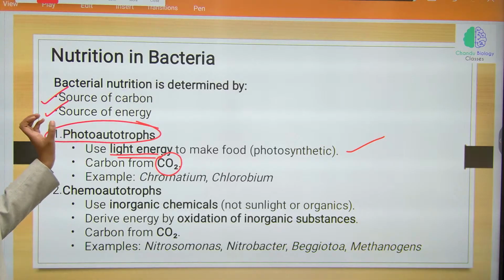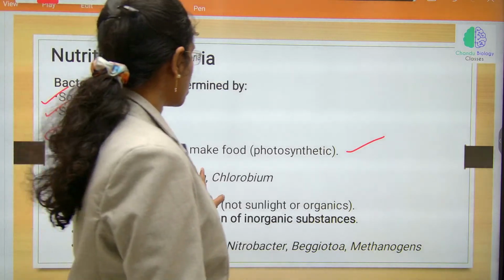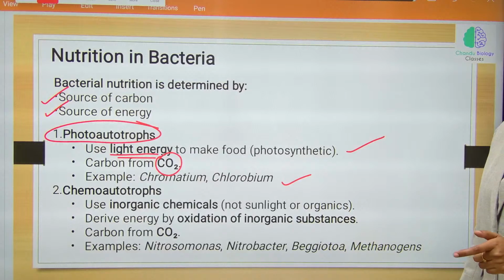Fine, right? So here photoautotrophs use light energy as a source of energy and carbon from carbon dioxide. What are the examples of photoautotrophs? Chromatium and chlorobium. These are the examples of photoautotrophs.